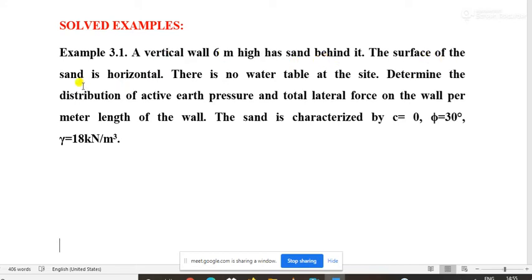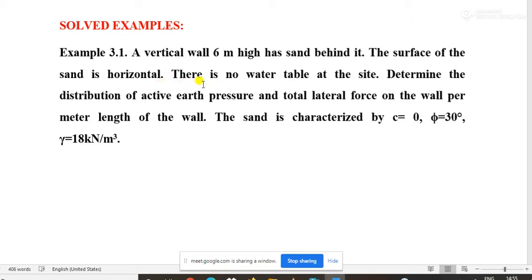The surface of the sand is horizontal, that means the top surface of the backfill is horizontal. There is no slope. If there is a slope, there may be other cases that will be discussed later, but here we are using the general condition, the horizontal backfill surface.